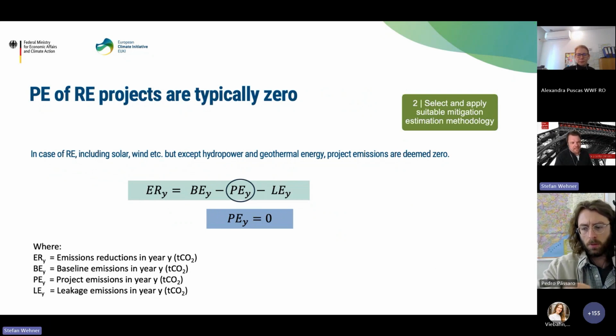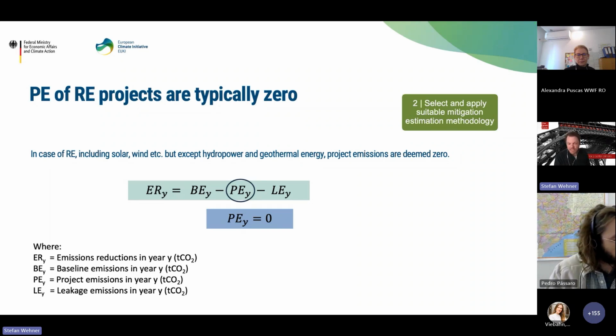In this case, as I said, for most renewable energies, but in particular for solar, the project emissions are zero, because in most of the methodologies we only look at those emissions related to the operation. That means no upstream or downstream emissions are considered.